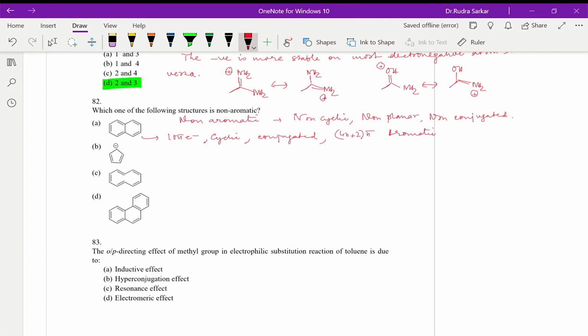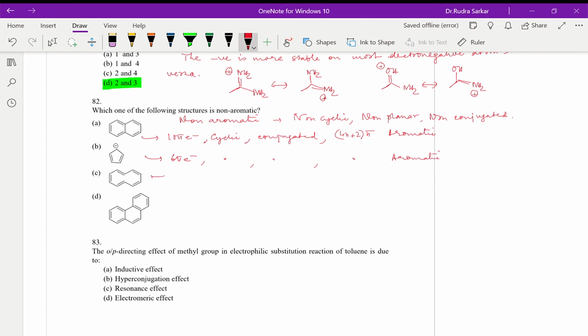For the next one also, it is a 6 pi electron system, cyclic, conjugated, a 4n plus 2 pi electron system. It follows Huckel's rule, so it is also going to be aromatic.